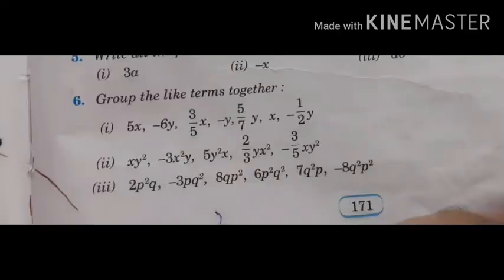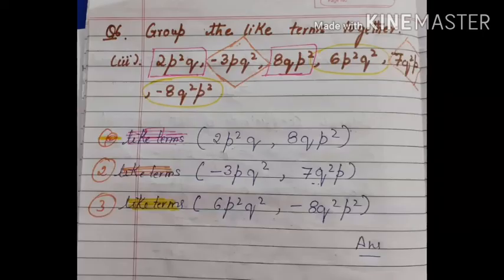Now your sixth question is to group the like terms together. I'm taking the last part of question number 6. It is 2p square q, minus 3pq square, 8qp square, 6p square q square, 7q square p, minus 8q square p square. We check the like and unlike terms with the help of our variables only.